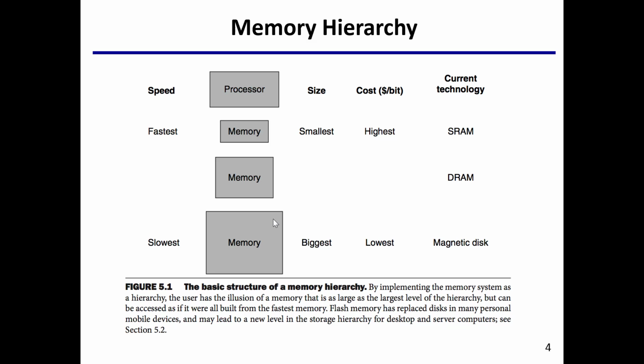But each one of those levels of the memory hierarchy contains all the data of the level above it and more, right? So this memory is a superset of the memory level above it. This larger memory is a backing store for the smaller memory, right?